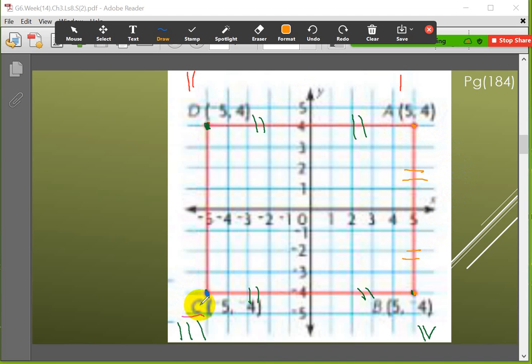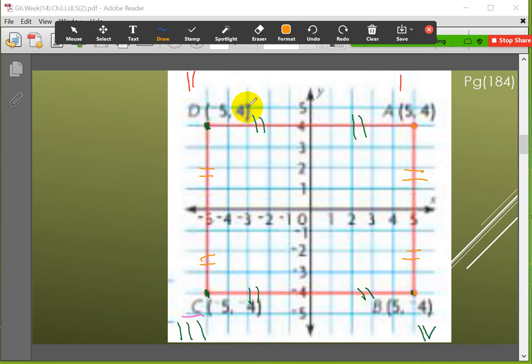Also D and C here. Look at the ordered pair. Here (-5, 4), here (-5, -4). Also, this point and this point have the same distance from the x-axis. So those points are folded around the x-axis. That means each point is a reflection of the other according to the x-axis.